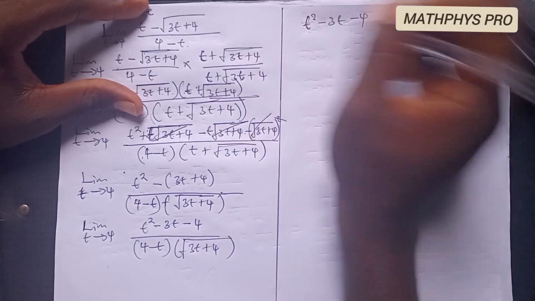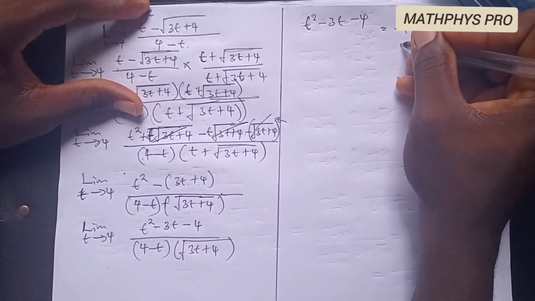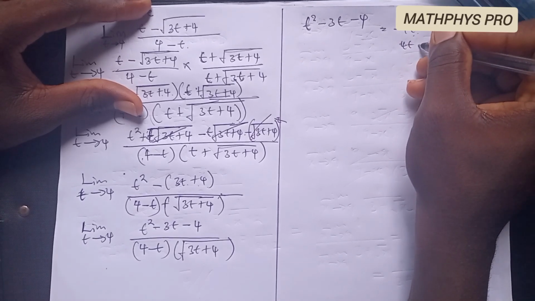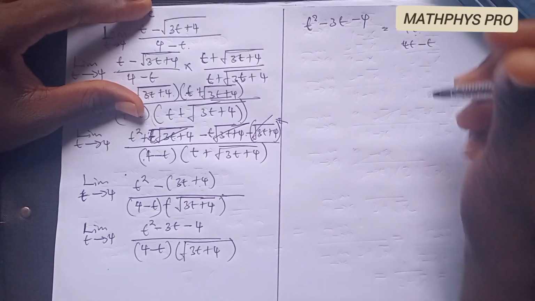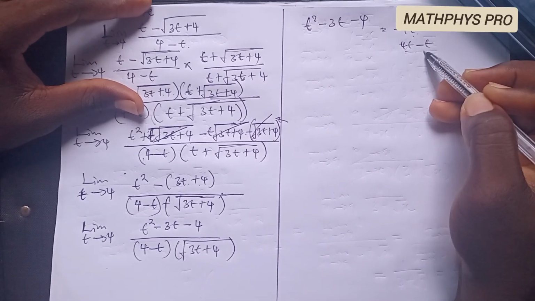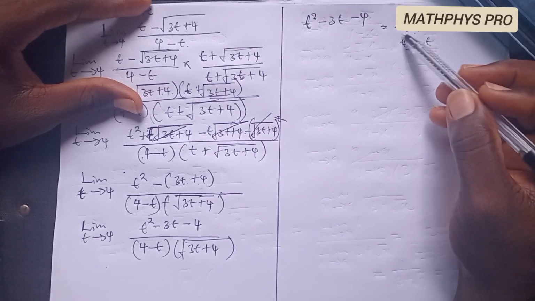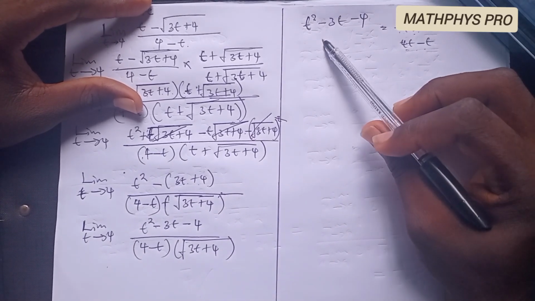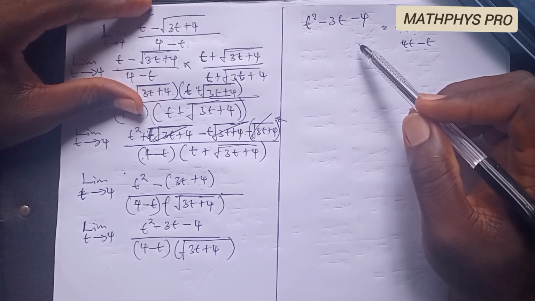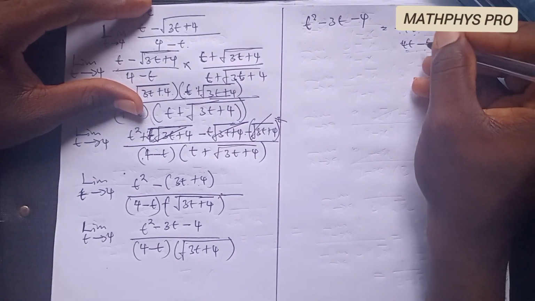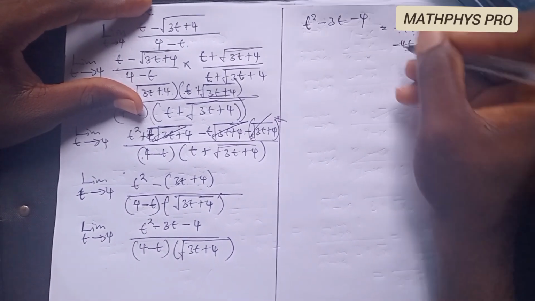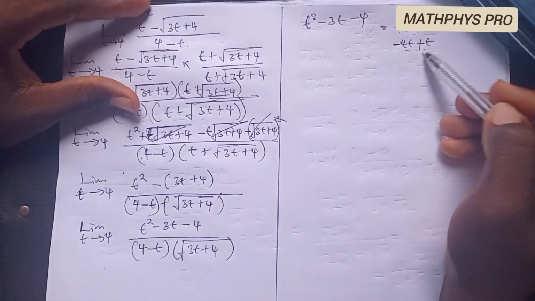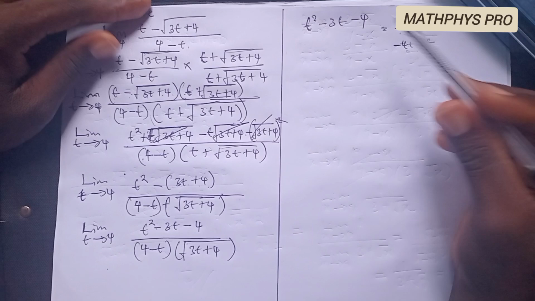So the factors are minus 4t and plus t. If you multiply minus 4t times t, it gives you minus 4t square. If you sum them together, it gives you minus 3t.